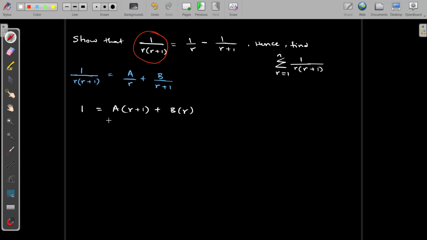So we could say let r be equal to 0 to get rid of the B. So when r is 0, we have 1 is equal to A times 1 plus B times 0. So A is equal to 1. We can substitute that to find what B is.